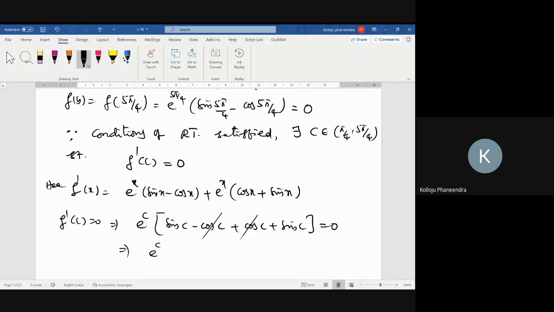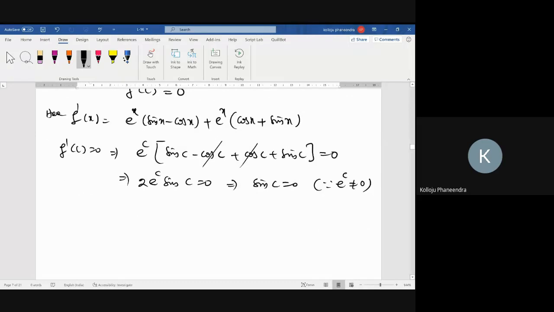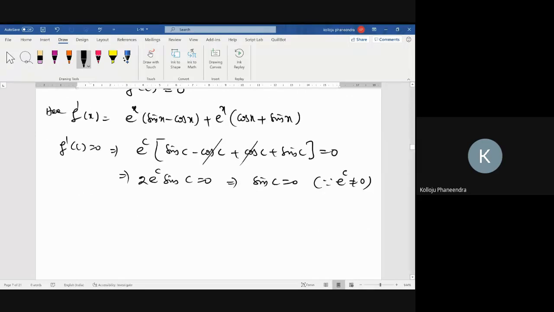Now f dash c equals to 0 implies e power c is common, (sin c minus cos c) plus (sin c plus cos c) equal to 0. So these two get cancelled. This implies e power c into 2 sin c equals to 0. That implies sin c equals to 0, since exponential function e power c is never 0. Sin c equal to 0 means what? c equal to 0, plus or minus pi, plus or minus 2 pi and so on, right?